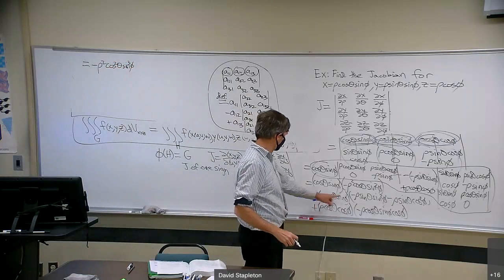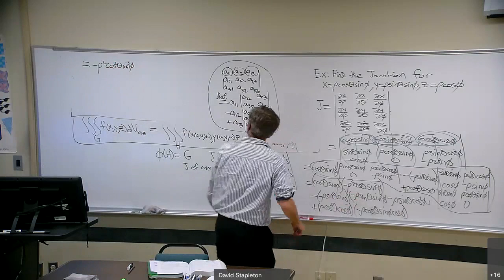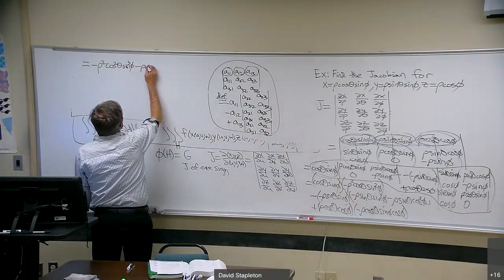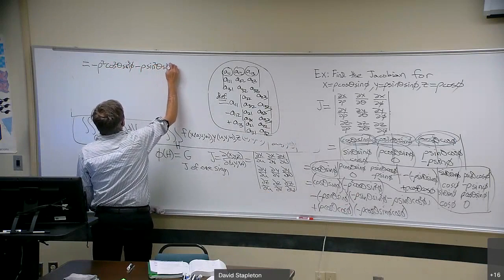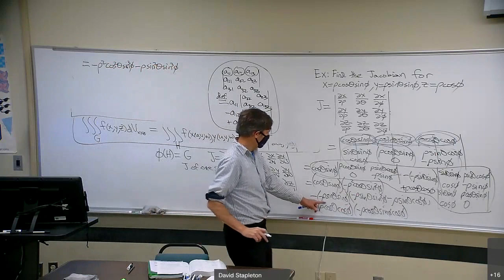It becomes minus rho squared sine squared theta sine cubed phi. That's this one times this one.